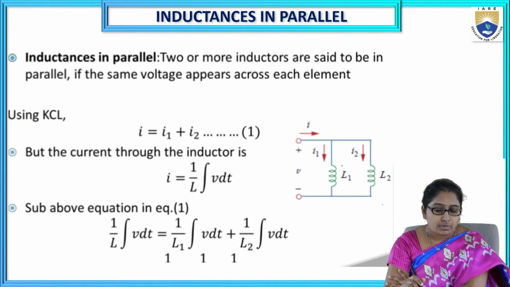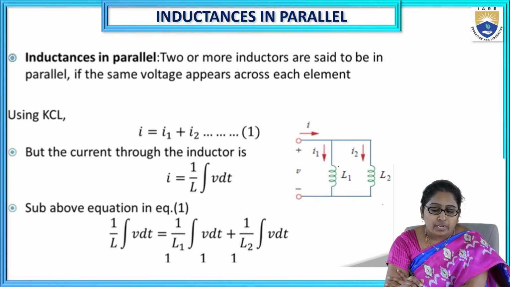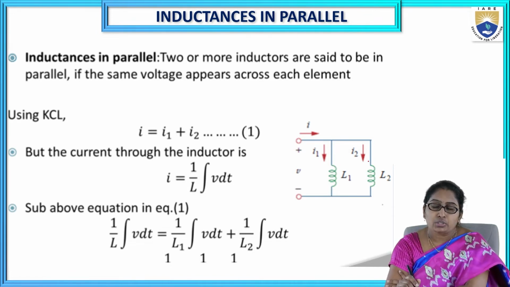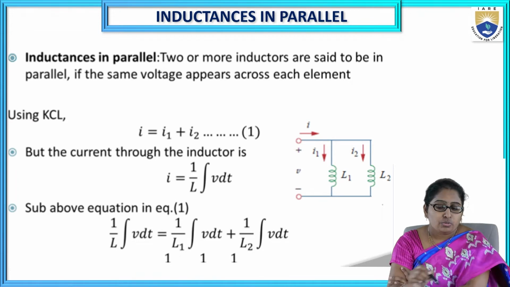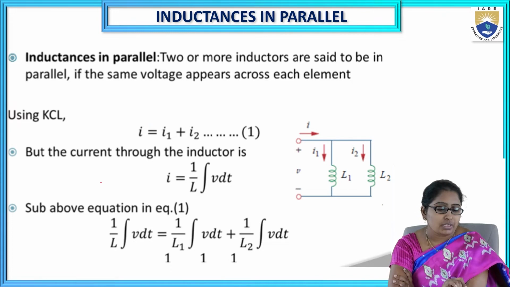In a parallel circuit, the current flowing through each element is different. So current flowing in L1 is I1, and current flowing through L2 is I2. From the circuit using KCL, I equals I1 plus I2.